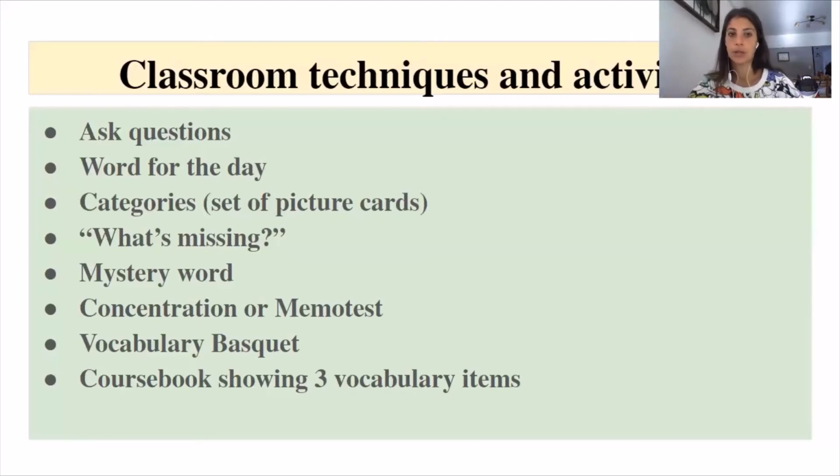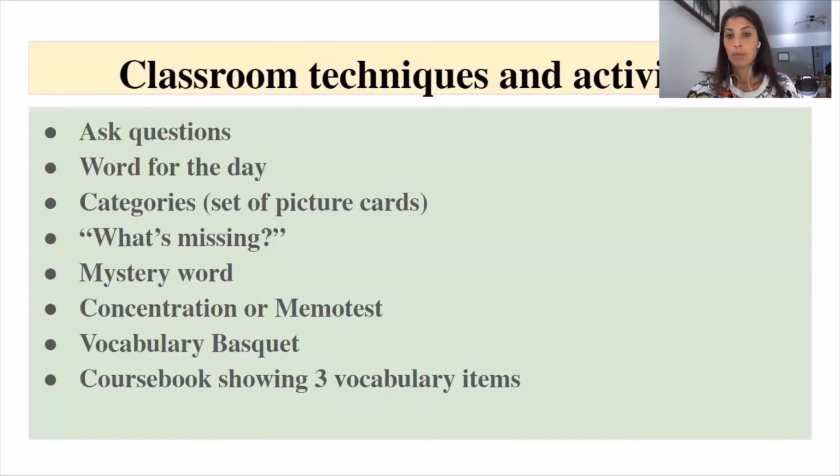The teacher says, for example, 2 words, dog and cat, and the ones that have the picture of a dog and a cat have to stand up and sit in an empty chair. The teacher in the middle plays too, so I also have to sit on an empty chair. The one who is left standing stays in the middle of the circle and continues the game by saying another 2 words.